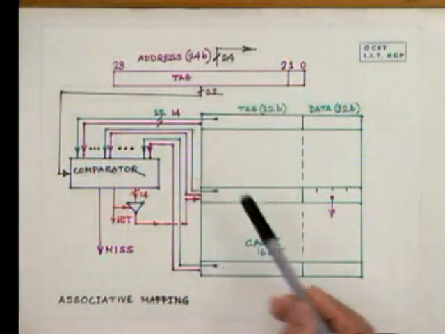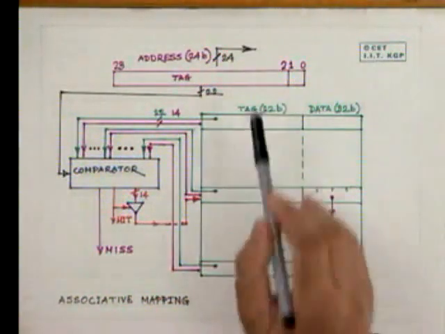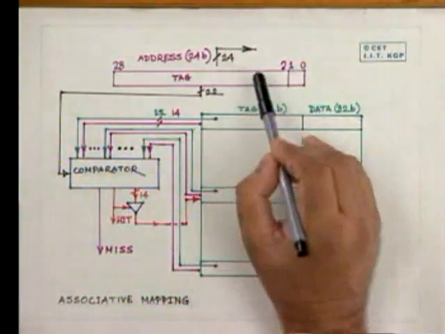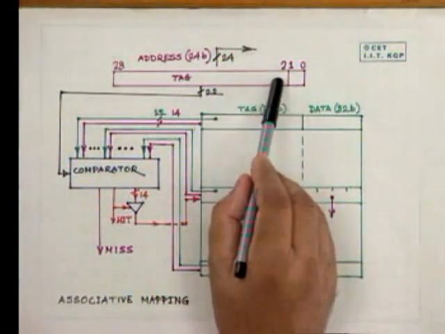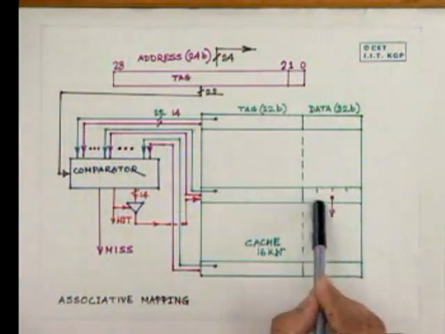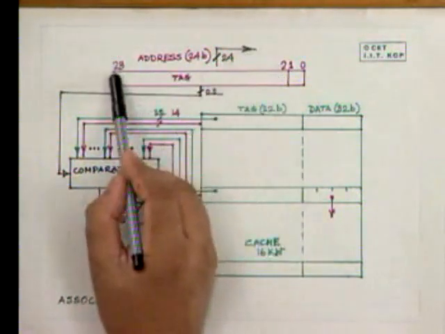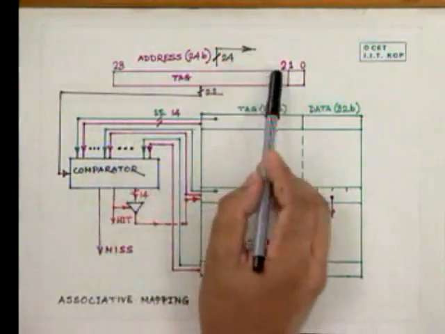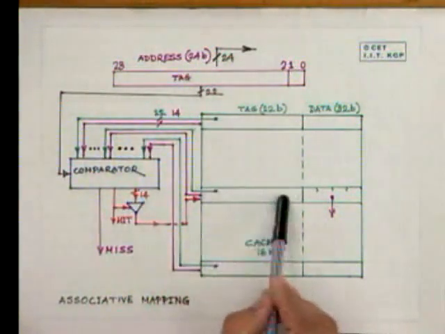Therefore, if this is the cache, the content of that block of main memory whose address is given by this tag is kept in this cache memory, and the address of the word is kept as a tag.